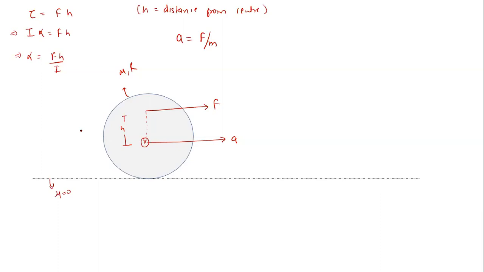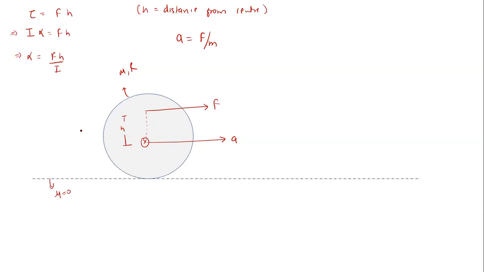Did you understand the basic difference between the previous example and this example? In the previous example, we had not given any external force, only velocity was given, and friction was required to roll the body.